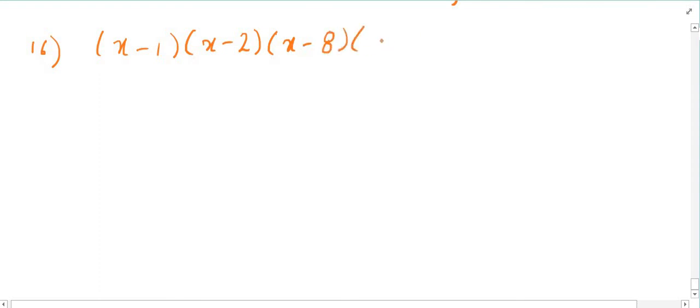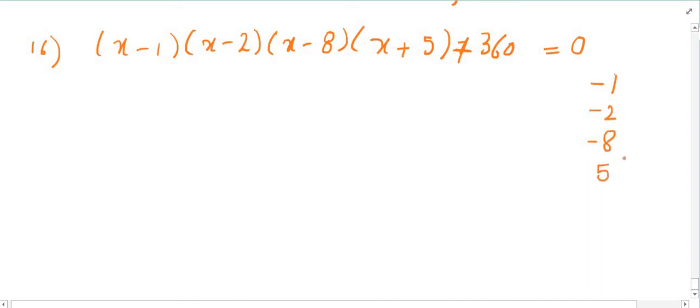Okay, 16. Last one. (x - 1)(x - 2)(x - 8)(x + 5) + 360 = 0. Now there are constants. The constants are -1, -2, -8 and +5.